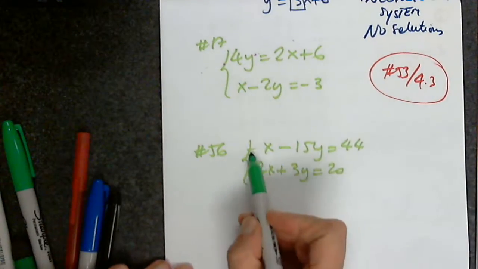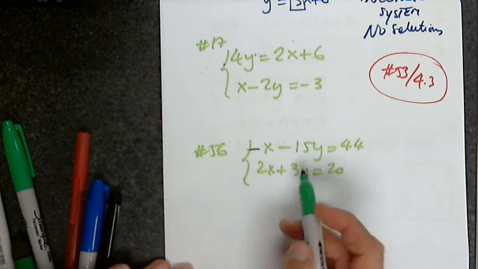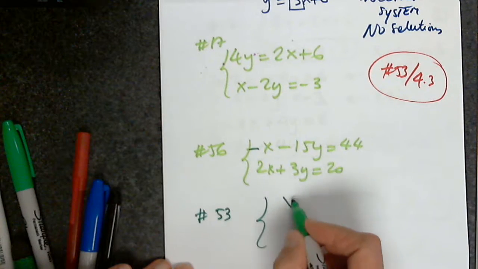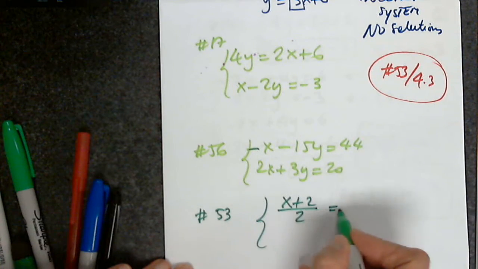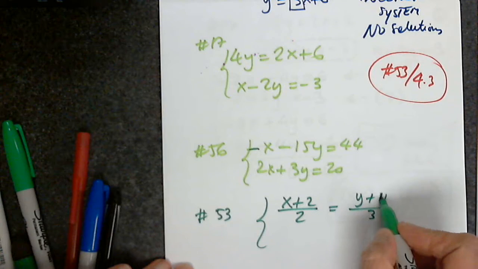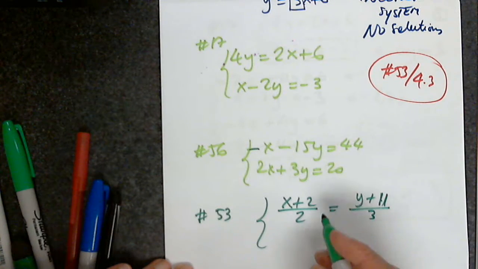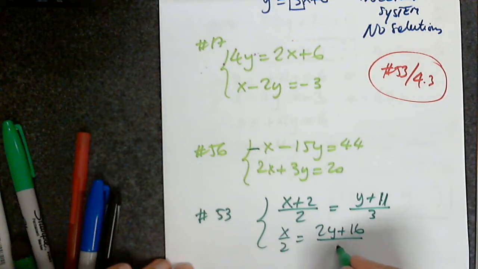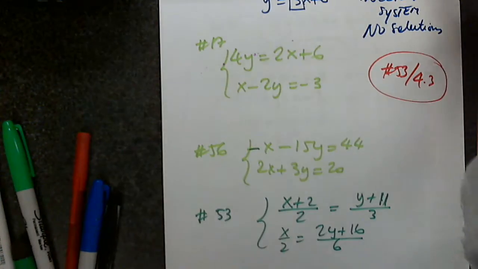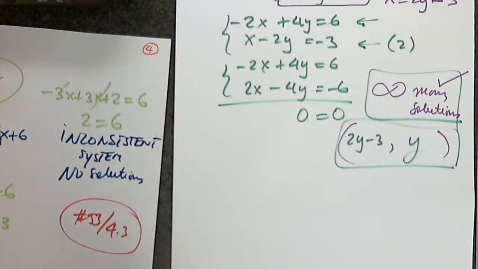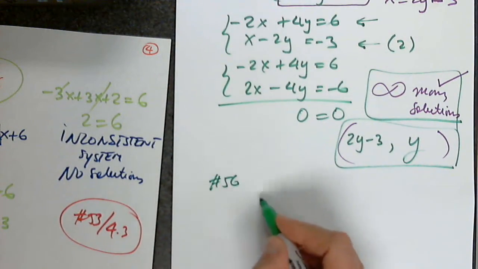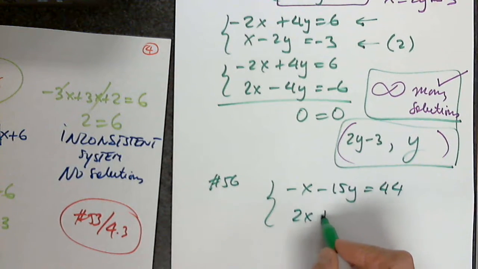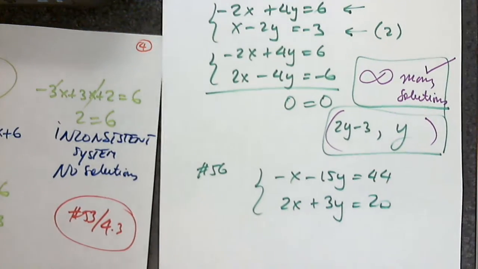So we're looking at 56. Negative x minus 15y equals 44. And then I'm copying 53. So we're working on 56, which is negative x minus 15y equals 44, and 2x plus 3y equals 20.